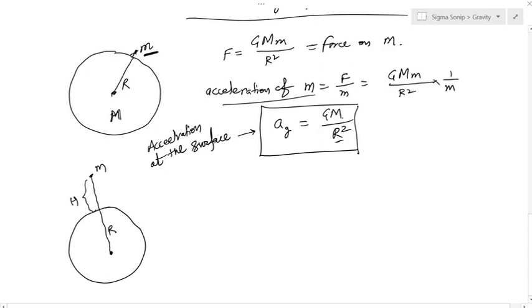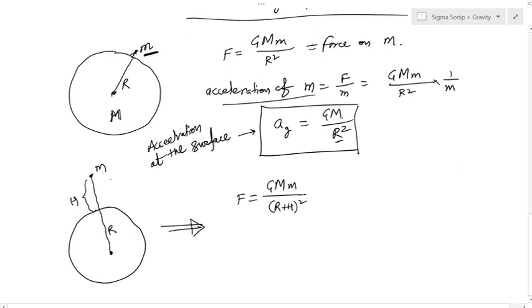So this is r, and in this particular case, if we just find the force first, the force on this small m will be F is equal to G M m divided by d square, and d in this particular case is (r plus h) square.